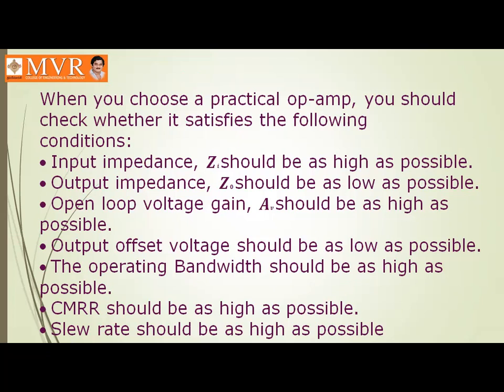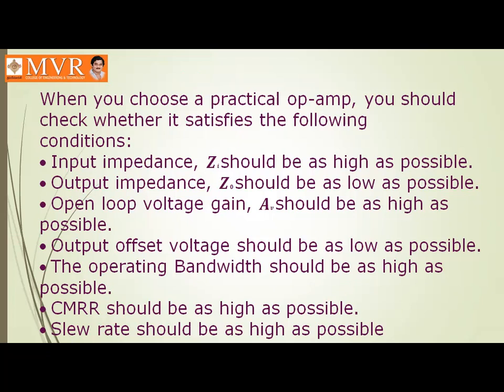The output offset voltage should be as low as possible. Why? Because this output offset voltage is going to depend upon input offset voltage and input bias current. So these two must be very small. Then the output offset voltage will also be small.